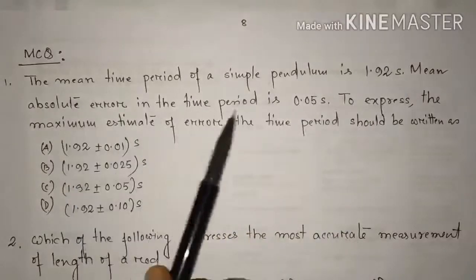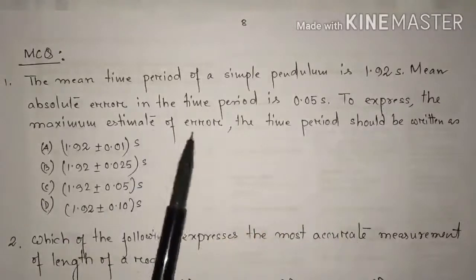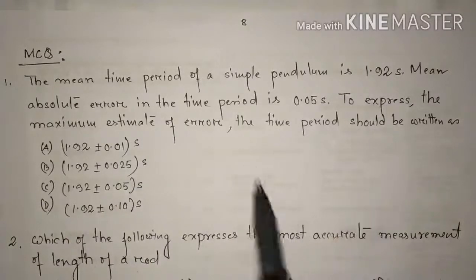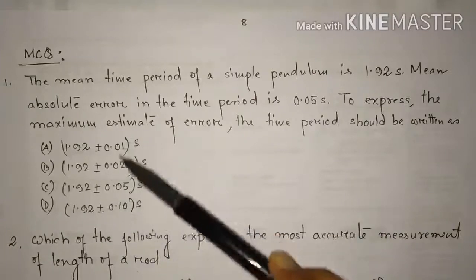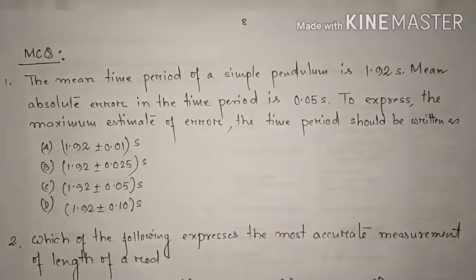Mean absolute error in the time period is this one. To express the maximum estimate of error, the time period should be written as which particular option? Now the question says time period of a simple pendulum. We know simple pendulum, its time period, means time taken by it to complete one oscillation, is given as this one.